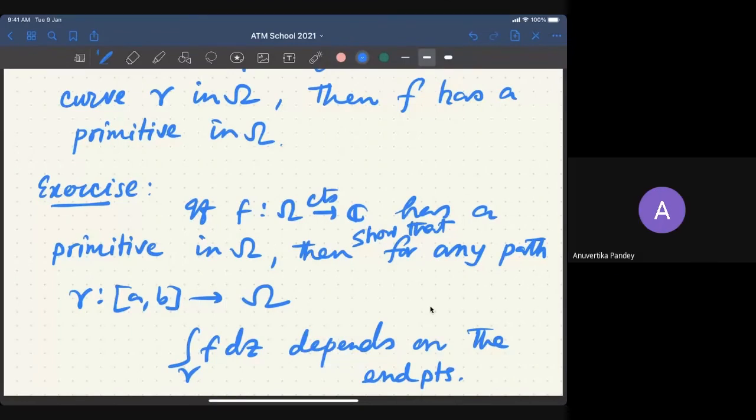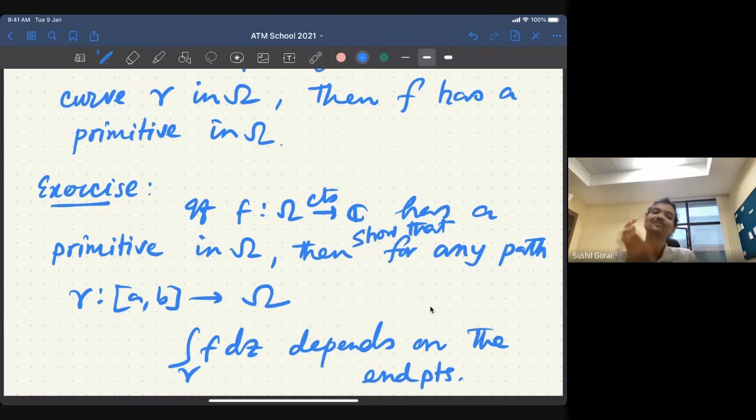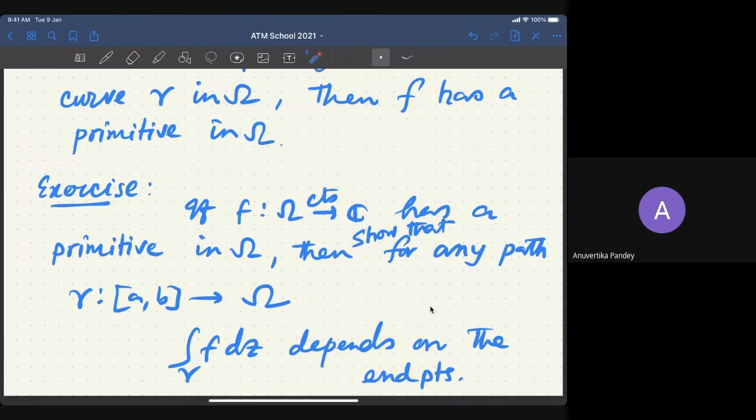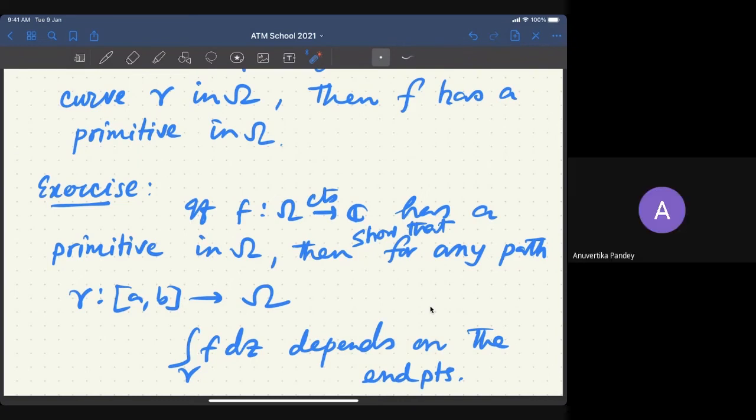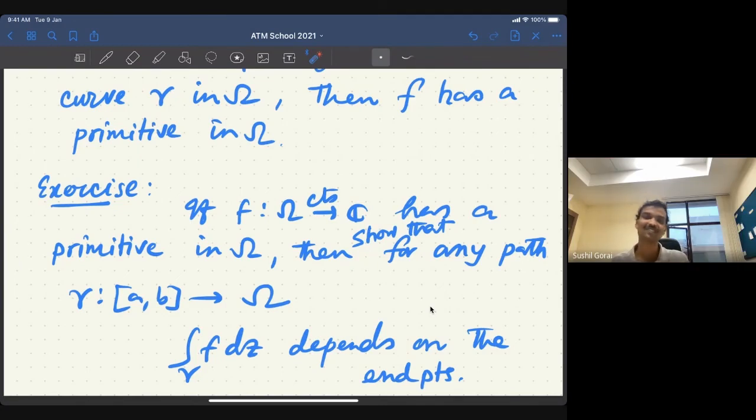But this we can prove using the fundamental theorem of integral calculus. You have seen it in real variable only, right? You have to take it in that form where you can apply the fundamental theorem of calculus. Yesterday you gave one exercise that was also from a to b, where f was continuous but not defined on a domain omega.